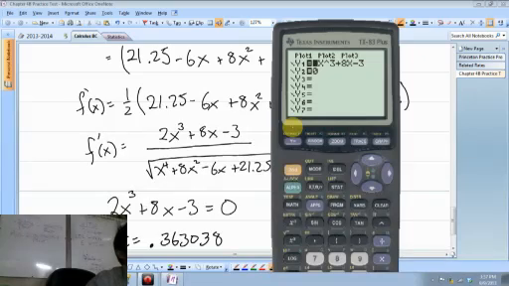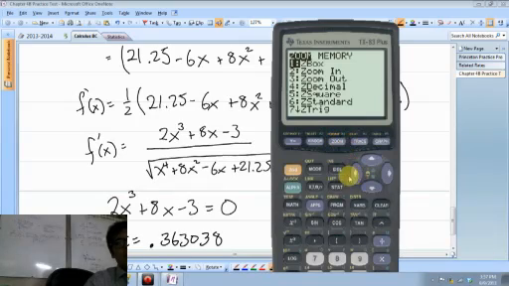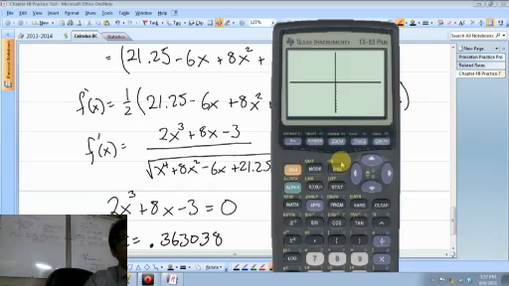All right, so we have y1, we have y2. We're going to push zoom 6. We want to start off at zoom 6 because we have no idea what the graph is going to look like. Zoom 6.